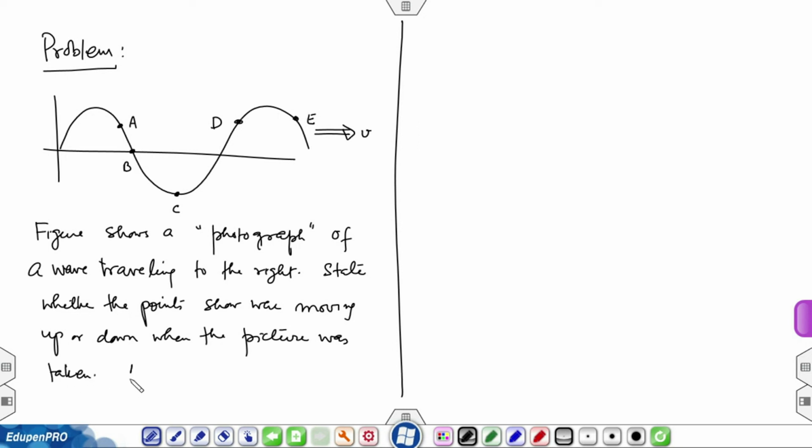Which point, A or B, which one is moving faster?